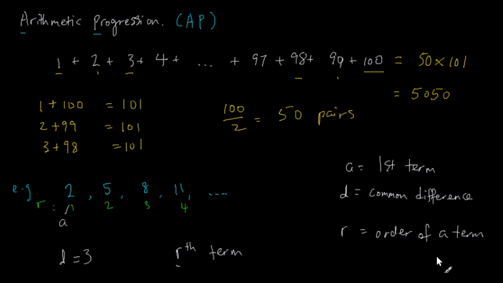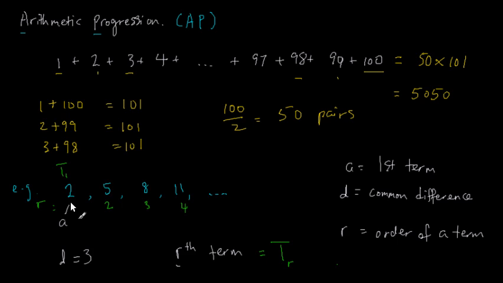So R is the order of the term, and I'm going to let the Rth term be represented by the symbol TR. This T just stands for term, and R here would refer to the Rth term. So for example, that would be T1.